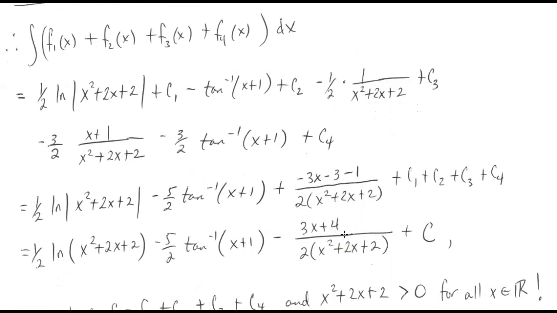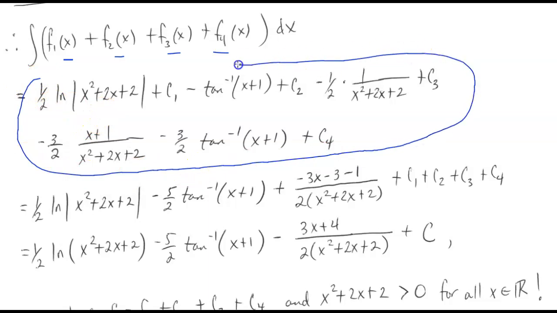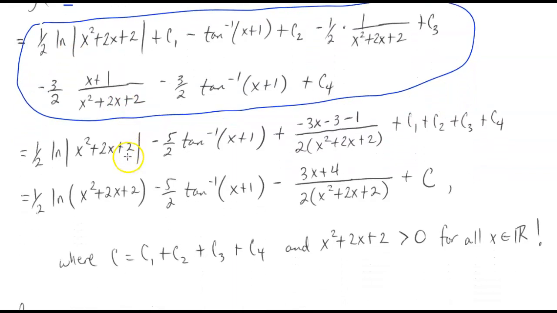We take the antiderivative of all 4 of these, which we've already found, and we see that that ends up being all of this here. And from this point, the only thing I'm doing down to the end is just trying to make it look a little bit nicer. But at this point, this is at a minimum how far you need to go.